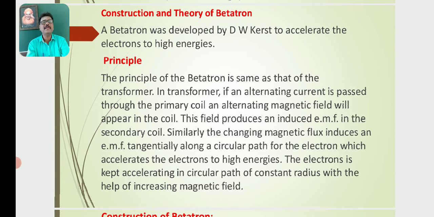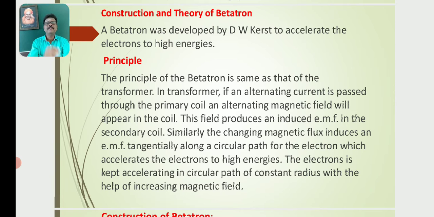In a transformer, if an alternating current is passed through the primary coil, an alternating magnetic field will appear in the secondary coil, or in the primary coil also. This field produces an induced EMF in the secondary coil. Similarly, the changing magnetic flux induces an EMF tangentially along a circular path for the electron, which accelerates the electrons to high energies.